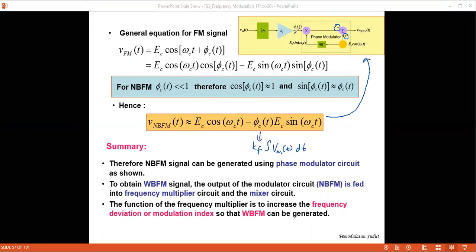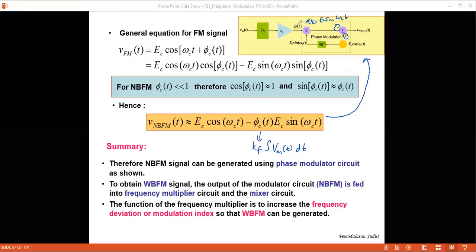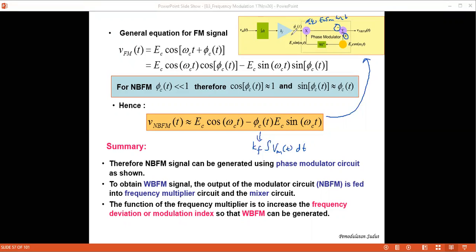Then we multiply with phi-CT, giving phi-CT EC sine omega CT, and then we have the minus. So the output will be similar to this equation, where phi-CT is KF times the integration of our VMT dt.